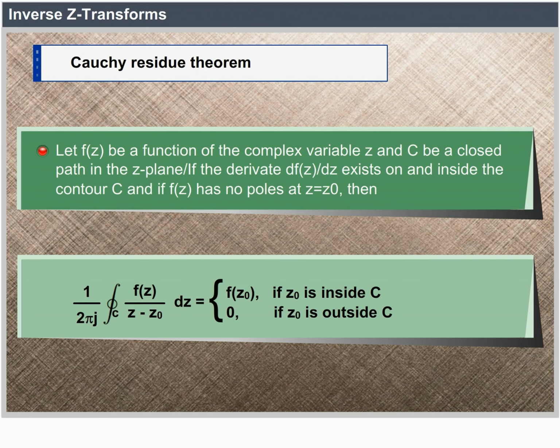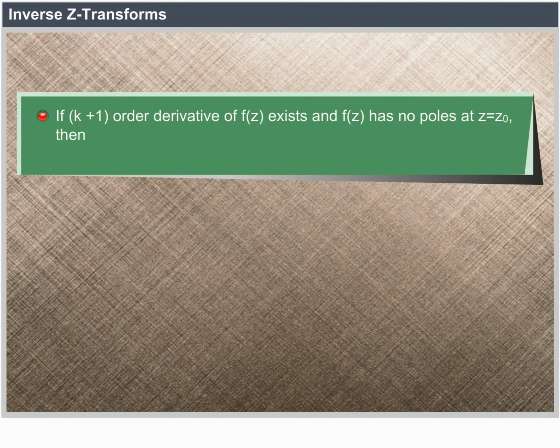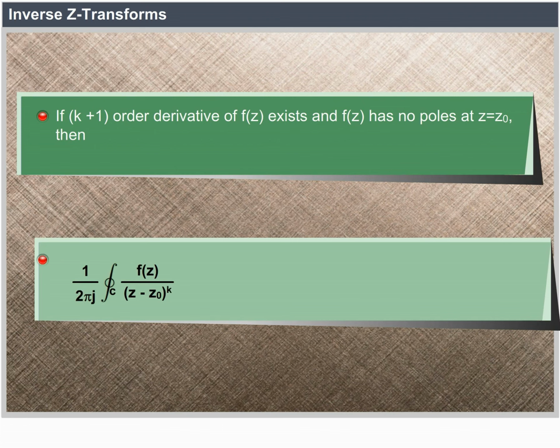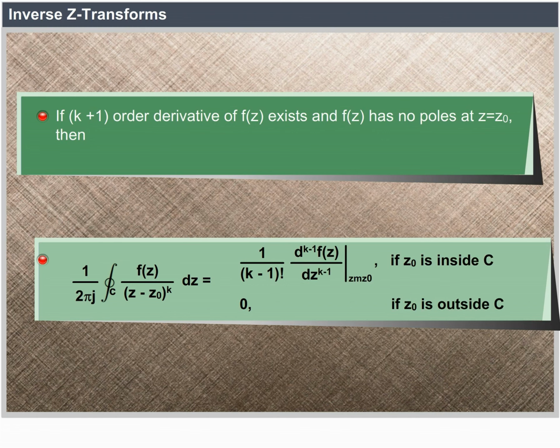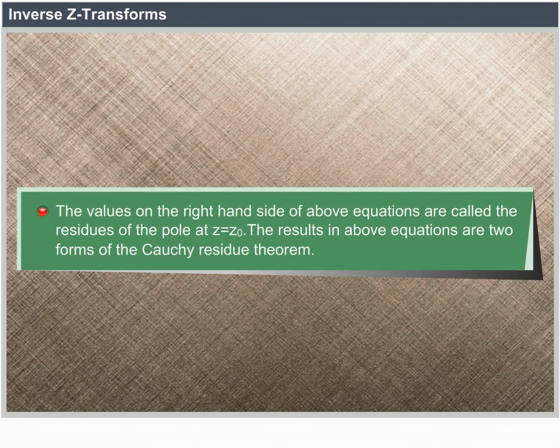and 0 if z0 is outside C. If the k plus 1 order derivative of f(z) exists and f(z) has no poles at z equal to z0, then 1 divided by 2 pi j closed integral f(z) divided by (z minus z0) whole power k into dz equal to 1 divided by (k minus 1) factorial into d power k minus 1 of f(z) divided by dz power k minus 1 at z equal to z0, if z0 is inside C and 0 if z0 is outside C. The values on the right hand side of the above equations are called the residues of the pole at z equal to z0.